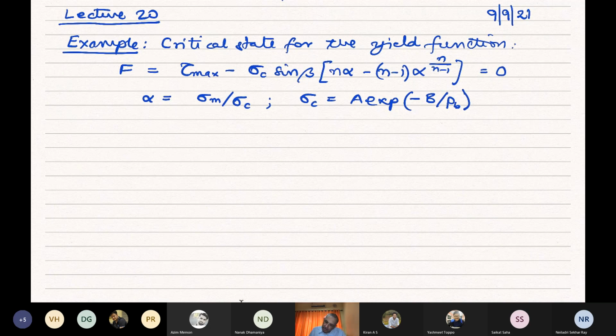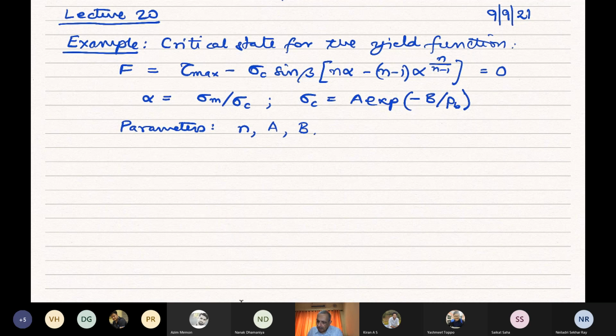So you can see that this is a yield function, and what are the parameters here? The parameters are basically n, a, and b.